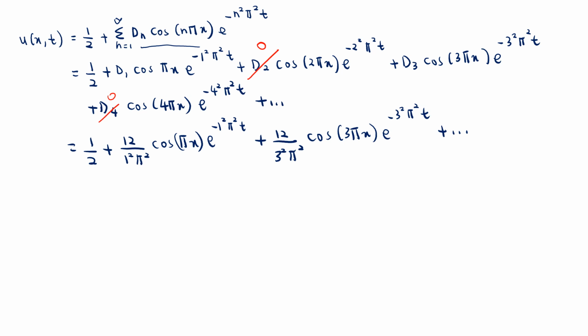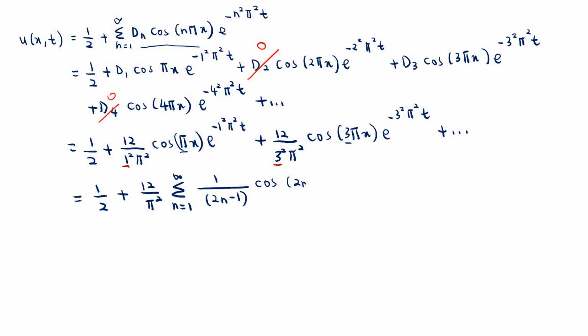So now we can simplify the solution. We can take out 12 over pi squared and write the summation starting from 1 to infinity, 1 over, and you notice here these are odd numbers, so this will be 2n minus 1, times cos, and the same goes with this part.